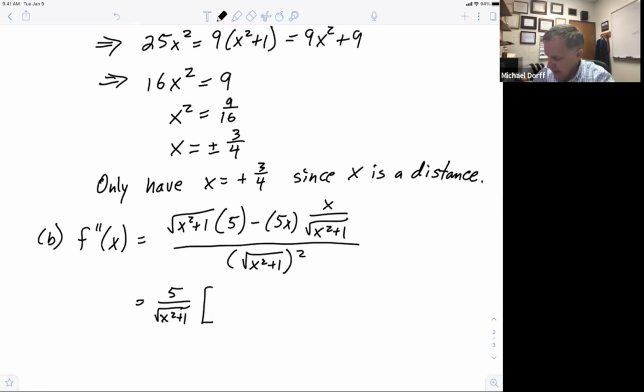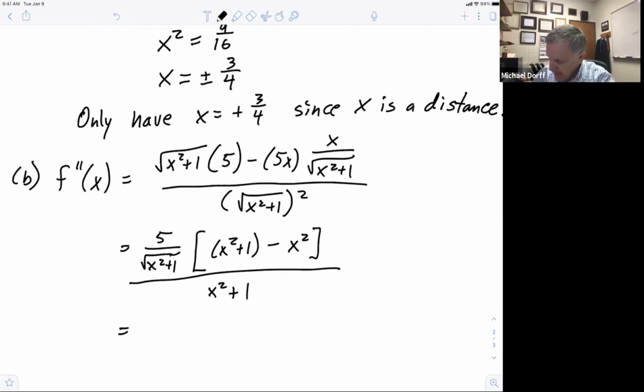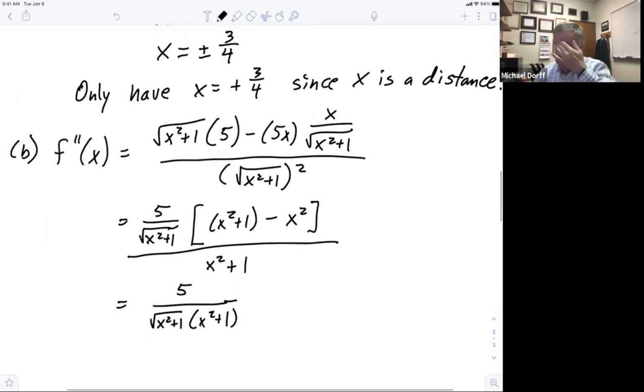And when I do that, I'm left with an x squared plus 1 minus an x squared. And that's all over the denominator, which I can rewrite as x squared plus 1. So simplifying that, I see that I get 5 over square root of x squared plus 1 times x squared plus 1, which of course I could rewrite in the denominator as just x squared plus 1 to the 3/2, but I just wrote it like that.